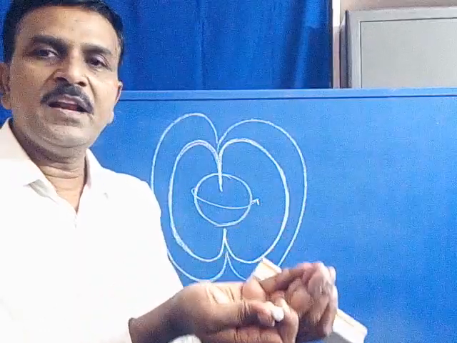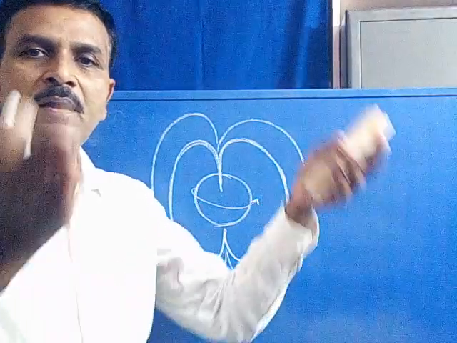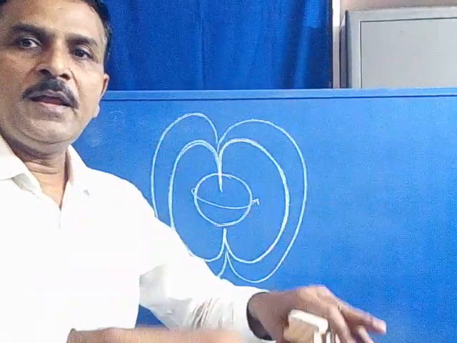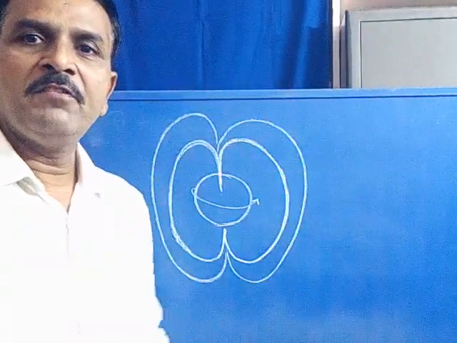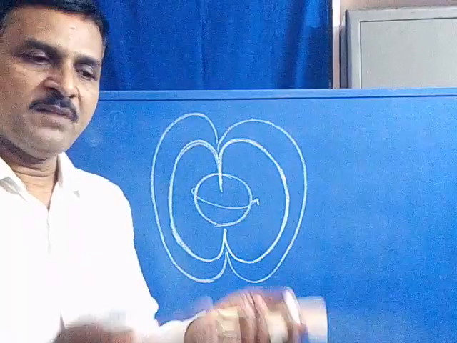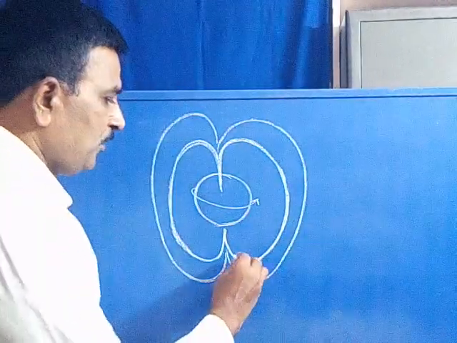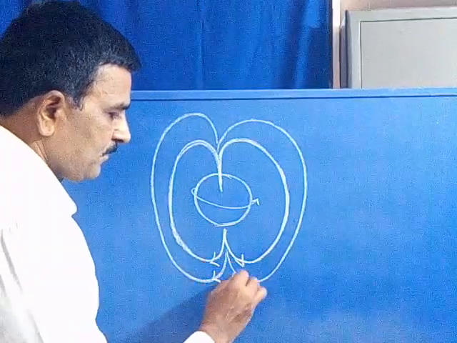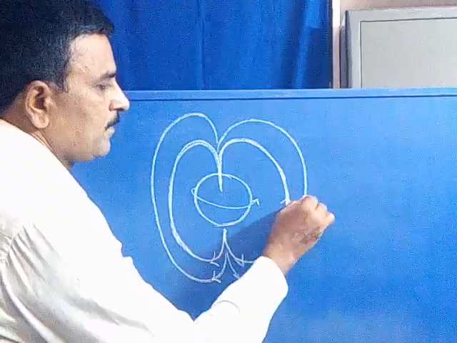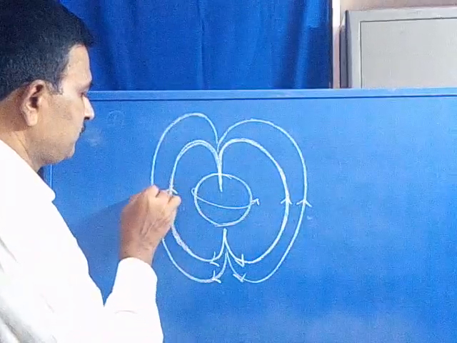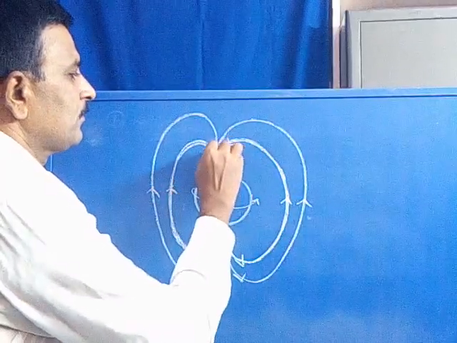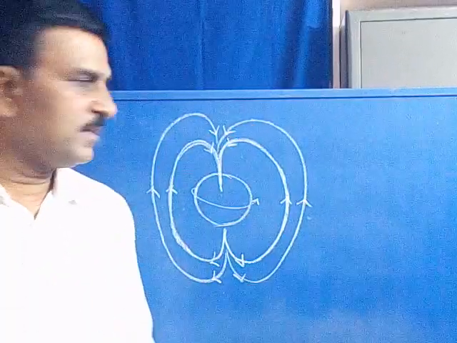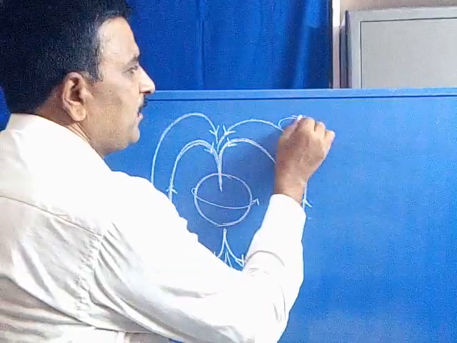So around the nucleus, the secondary magnetic field travels by the process of circulation. Now its direction can be represented like this. This is the traveling direction. Further, this is the secondary magnetic field.